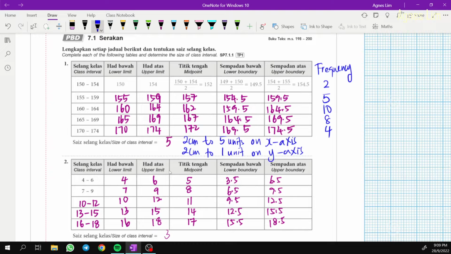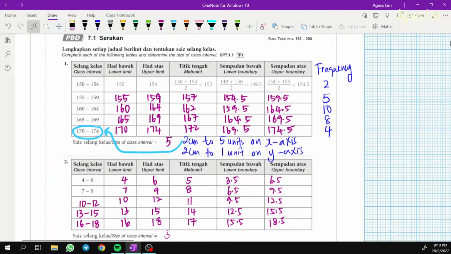Alright, so for x-axis we are going to look at the class interval. Now 170 until 174 means the class interval is actually 5. Okay, the size is actually 5, which we already learned. That's why our scale will be usually matching the size of the class interval, which is 5 units.